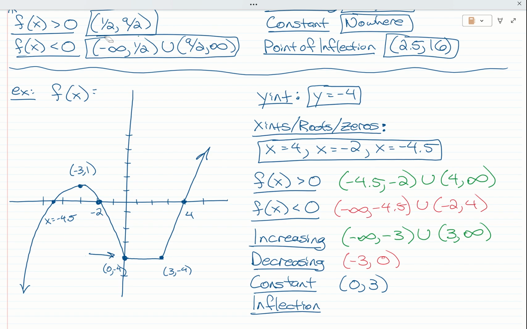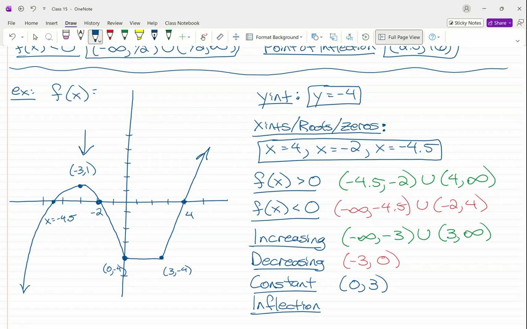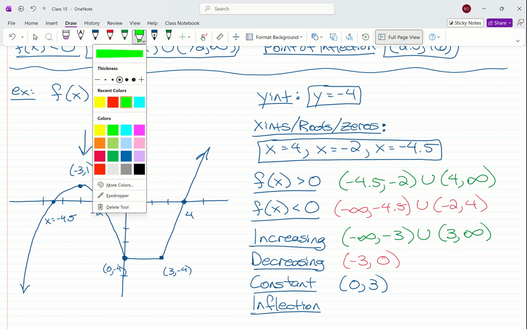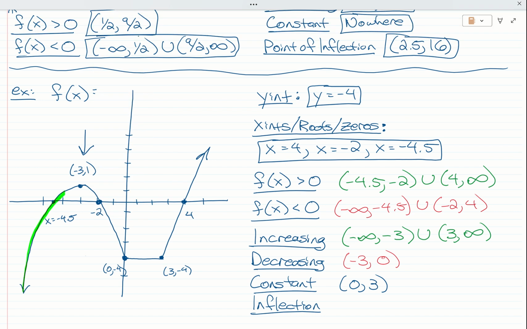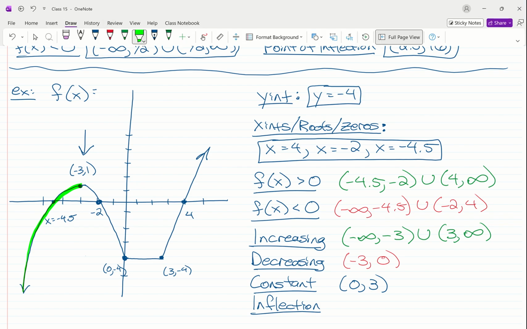An inflection point is where the graph is going from either decreasing to increasing or increasing to decreasing, which happens right here. Looks like the graph is going up. It's definitely increasing. And then at that point, that's where it starts decreasing again.